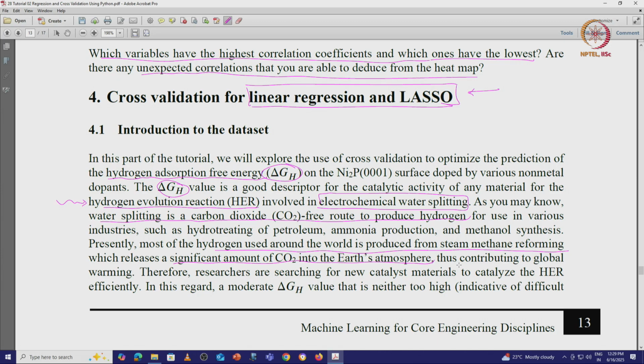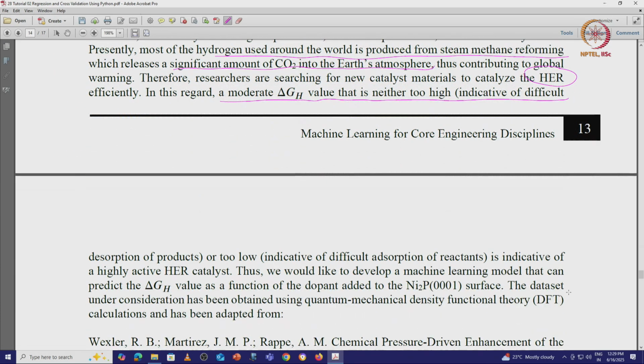So researchers are searching for new catalyst materials which can catalyze this particular reaction efficiently, and we desire a moderate value of this delta G that is neither too high, which is indicative of difficult desorption, nor too low. That is the sweet spot that we are targeting.